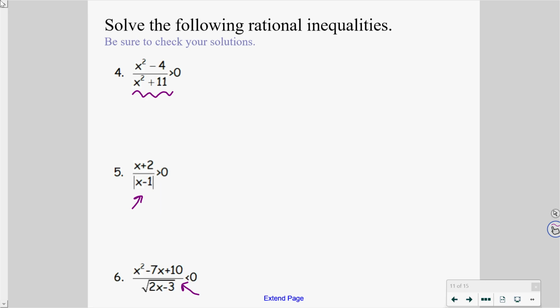So somebody decide to do 4, somebody decide to do 5, and somebody do 6. So somebody do each one. You got to factor it, you're going to do a sign graph.